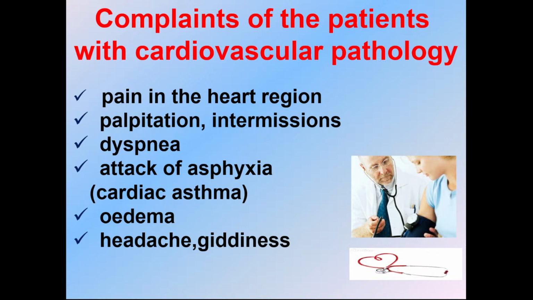A patient with heart pathology can feel dyspnea, difficult breathing, because from anatomy you know normal oxygenation of our organism and tissue depends on the activity of both the respiratory and cardiovascular systems.